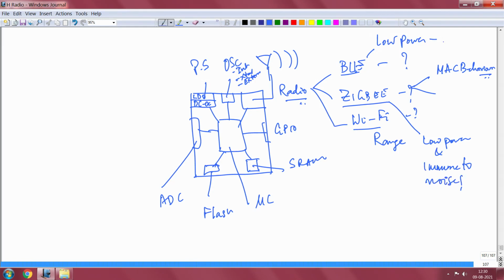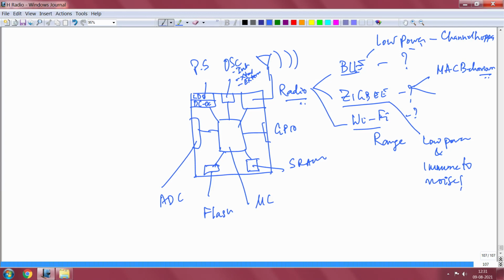Well, BLE is not all that agile to noise, but of course it is also providing you certain features like channel hopping and so on. And ZigBee by the way also has introduced channel hopping, I will come to that very soon.